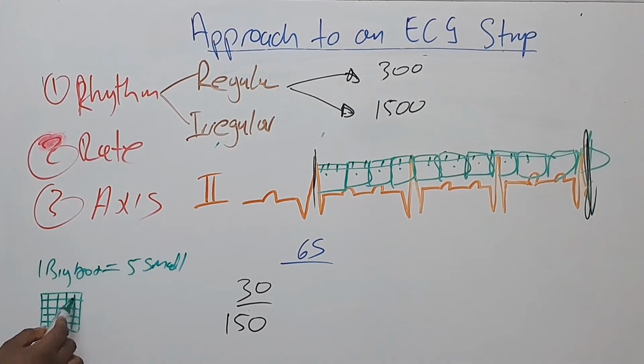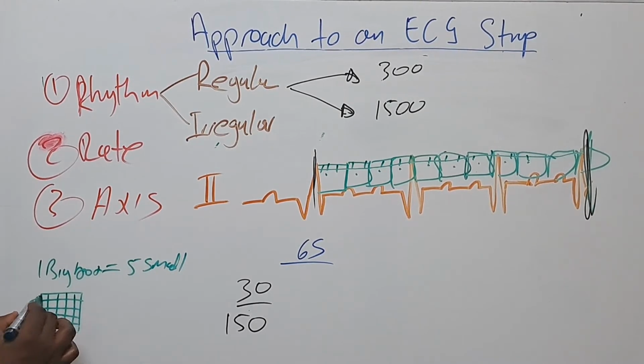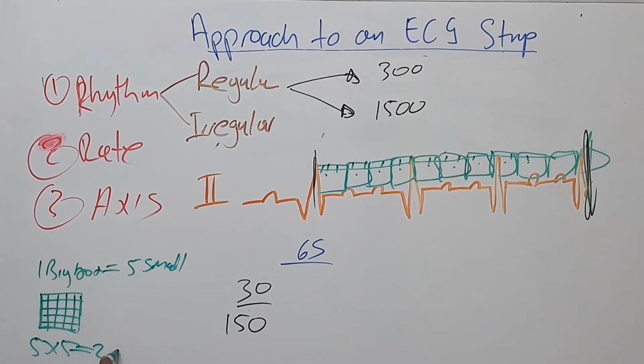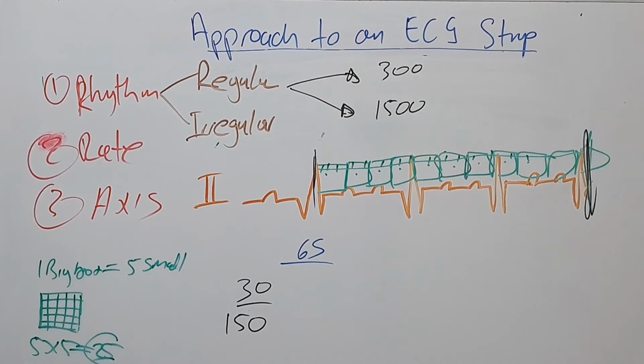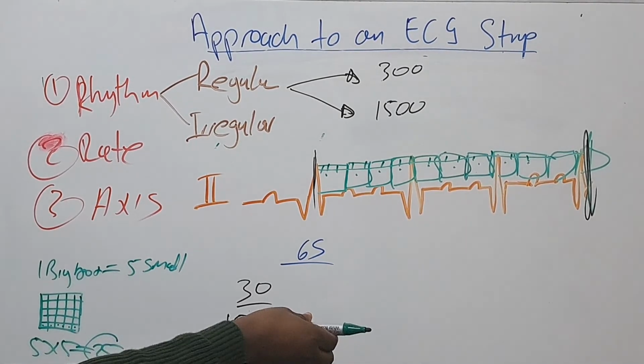We're not talking about the square area there, because if you were to multiply, there are 5 boxes this side, 5 boxes here, so the total number of all the boxes is 5 times 5, which is 25 small boxes. But what we are calculating here is along the horizontal. So there are 5 small boxes that make up a big box in the horizontal plane.